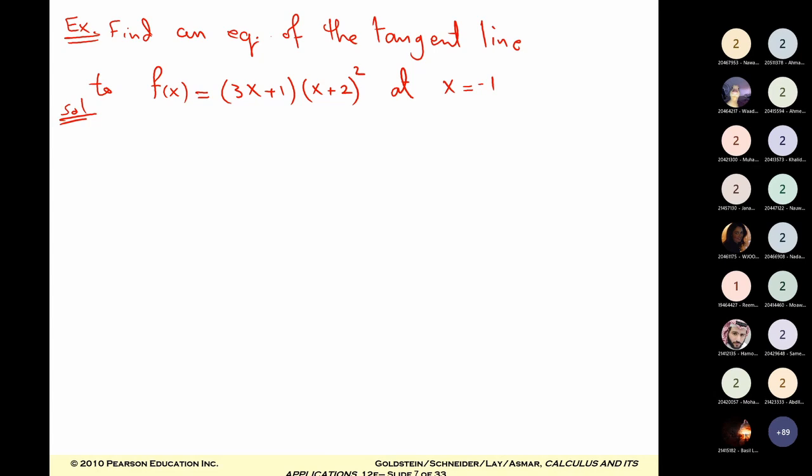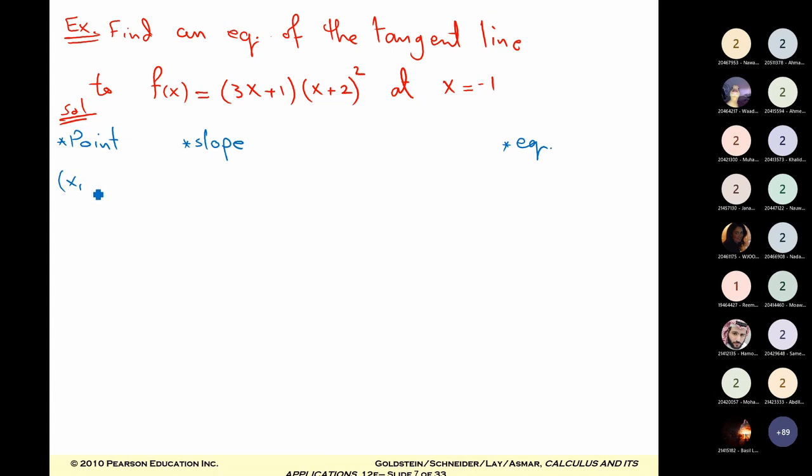Y. This is the point. Okay, the point, the slope, and after that we can find the equation. Okay, now the slope.